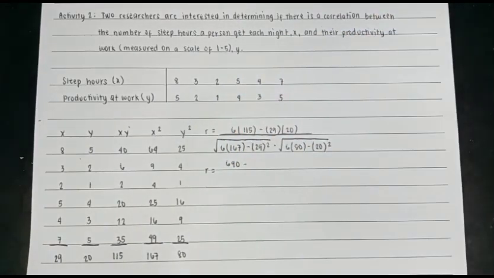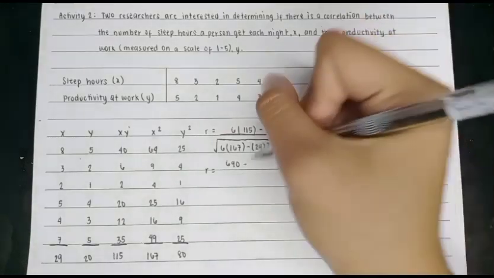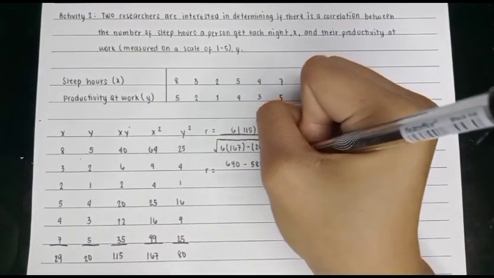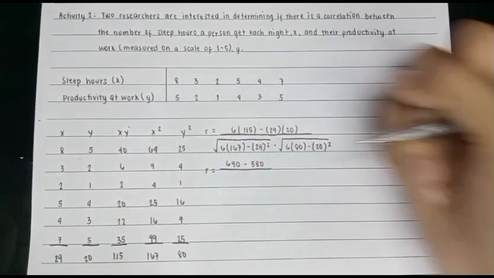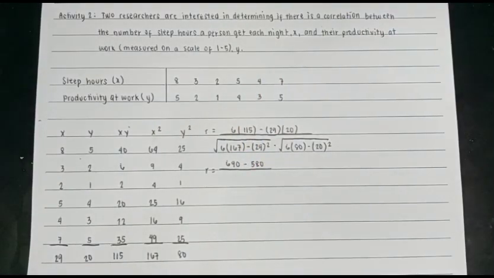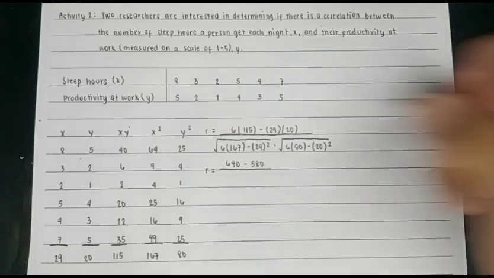And 29 times 20 is equal to 580. And sa baba naman, square root of 6 times 167 minus 29 then squared, and the answer is 12.69.